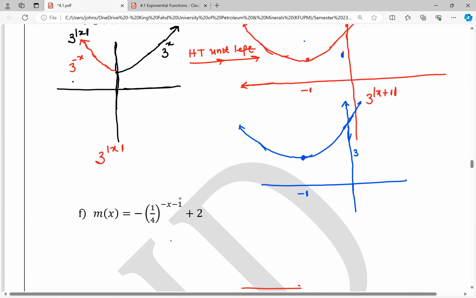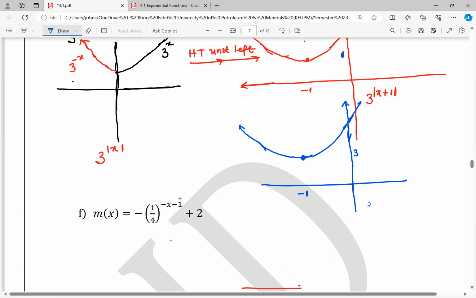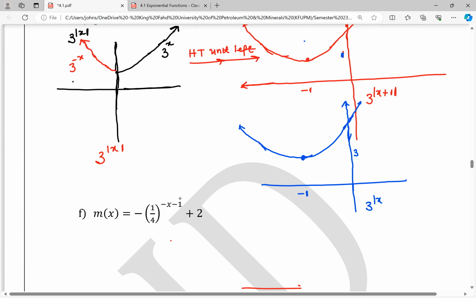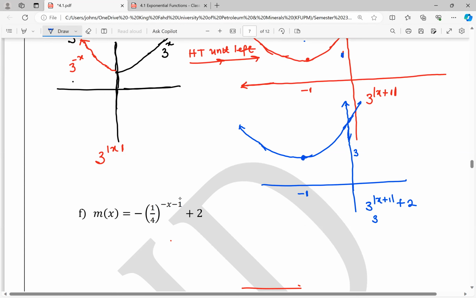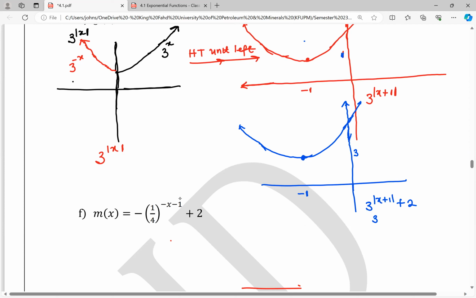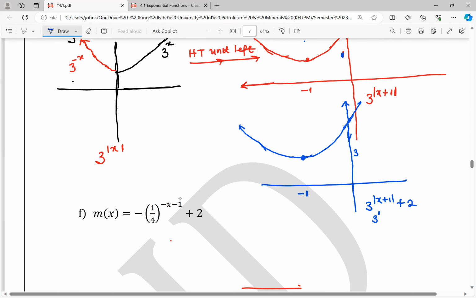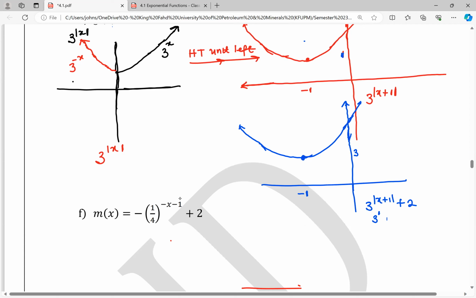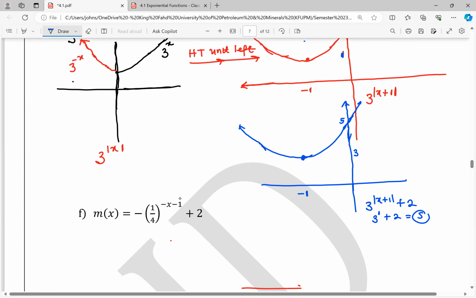The function is 3^|x+1| plus 2. To find the y-intercept, put x to be 0. You have 3 to the power 1, because 0 plus 1 is 1, so 3^1 plus 2, which is just 5. So this point is (0, 5), and then you're done.